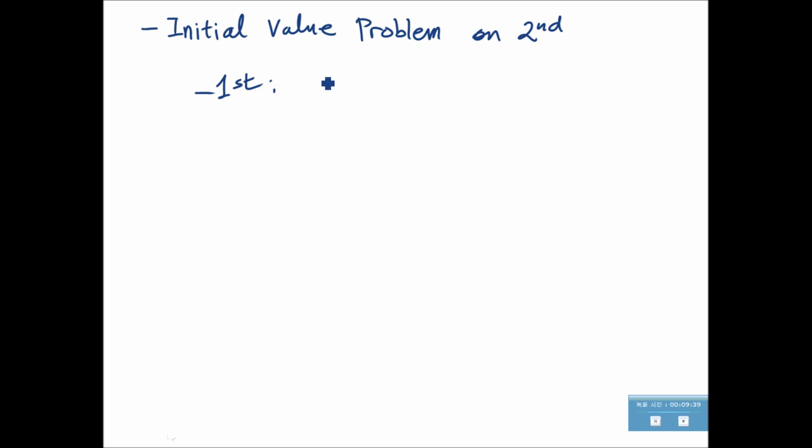Okay, so I explained the most basic stuff of a second order differential equation, and the one thing I didn't mention is the initial value problem on second order. On first order, the initial condition was this, right? At some point x0, you have a value y0.